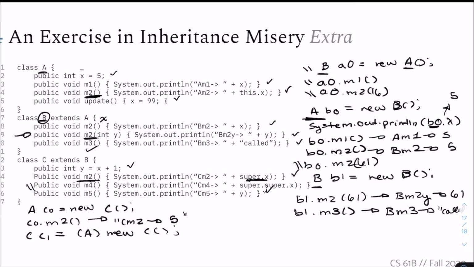And it's going to error at compile time. Now we have A1 equals A C0, and this is fine because C0 is of type A already. We didn't really have to even cast it, but it works even if we do.